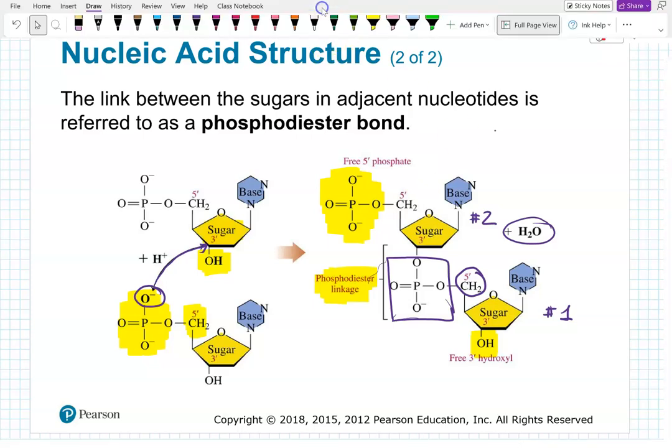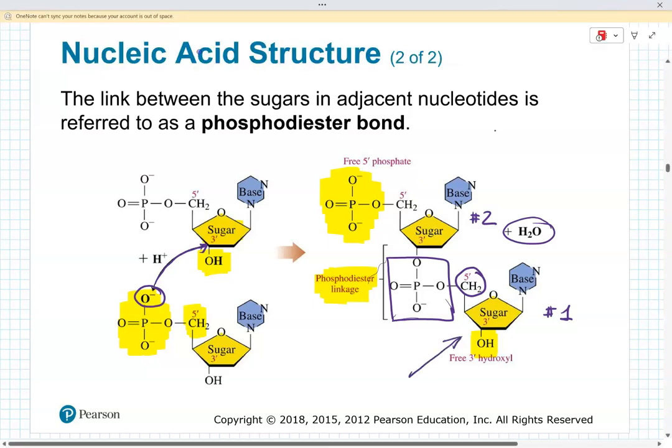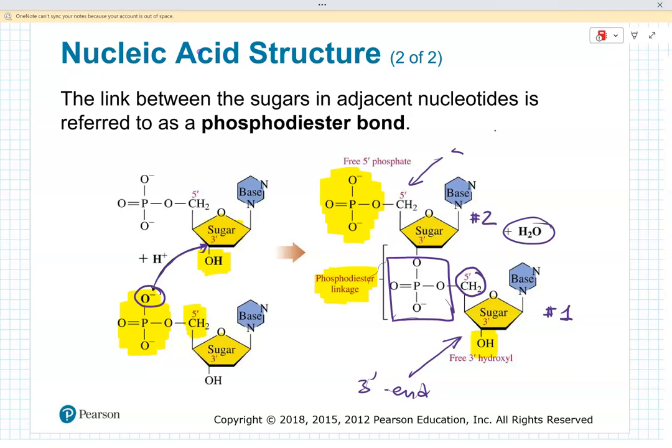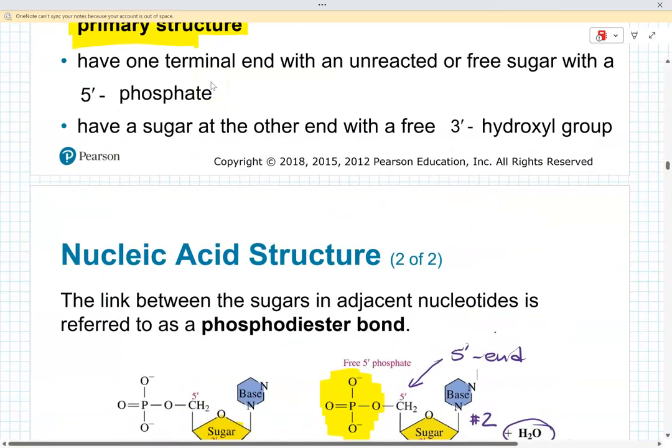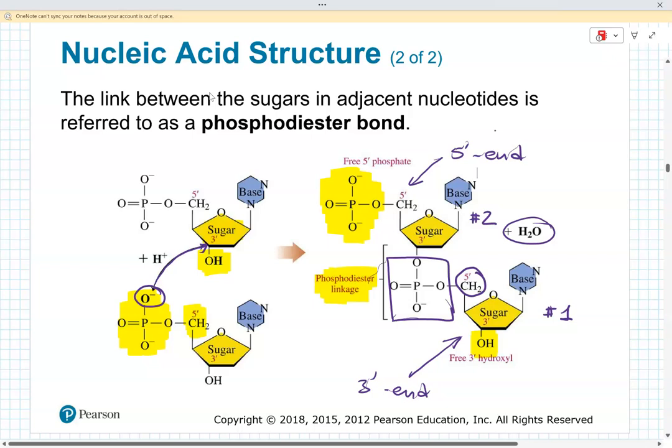So this end of the chain is called 3' end, and this end of the chain is called 5' end. Make sense? On the 5' end, you're always going to have phosphate, and on the 3', you're always going to have an OH group. Okay?